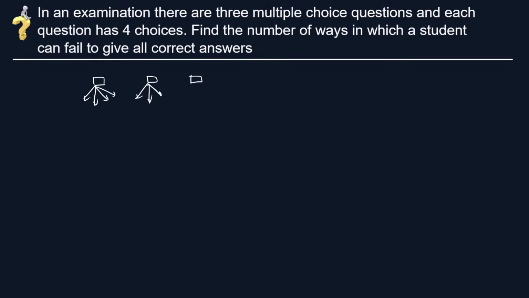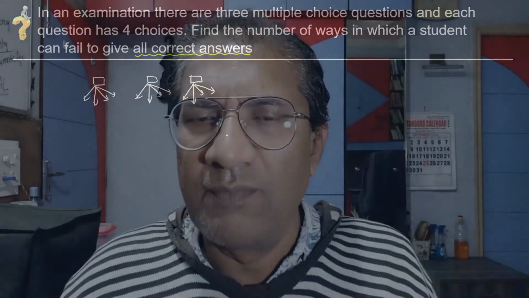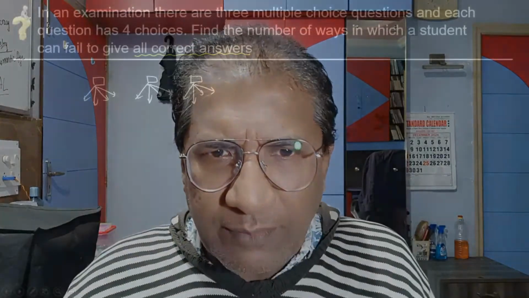Find the number of ways in which a student can fail to give all correct answers. It means that the student should not give all the 3 correct answers. Is it clear? Now think about it.